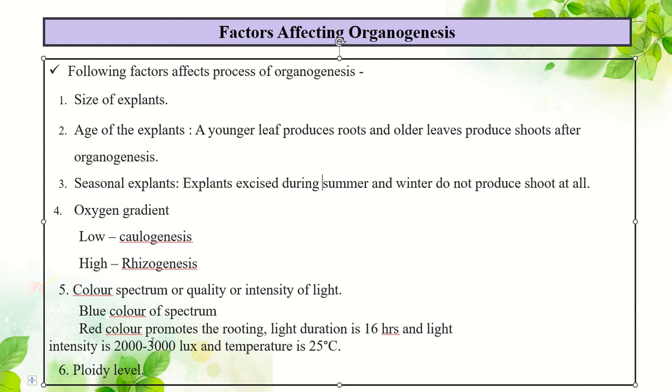And light intensity is 2000 to 3000 lux and temperature is 20. In many research papers, you will not find these hours, lux and temperature. They are giving only, as I said, the percent of survival or plant regeneration.